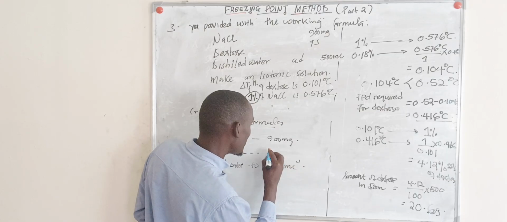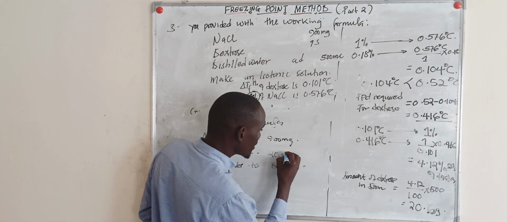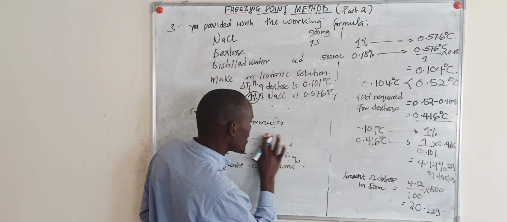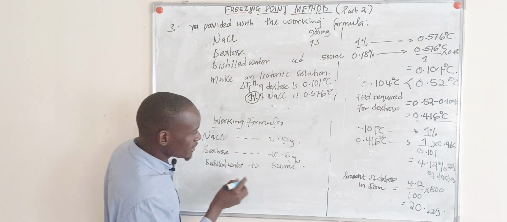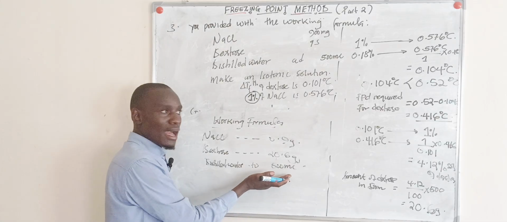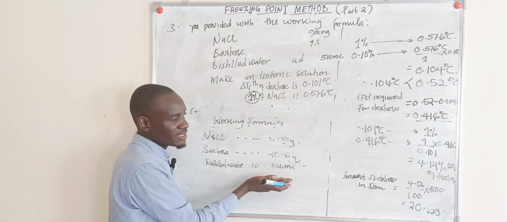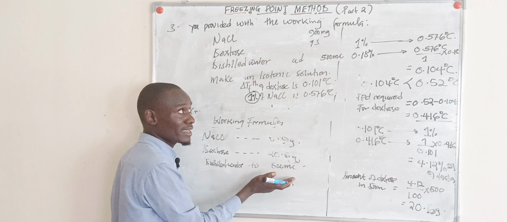Or you can decide to write them in grams, whereby you can also convert this to 0.9 grams, and this will be our final product formula in this case.